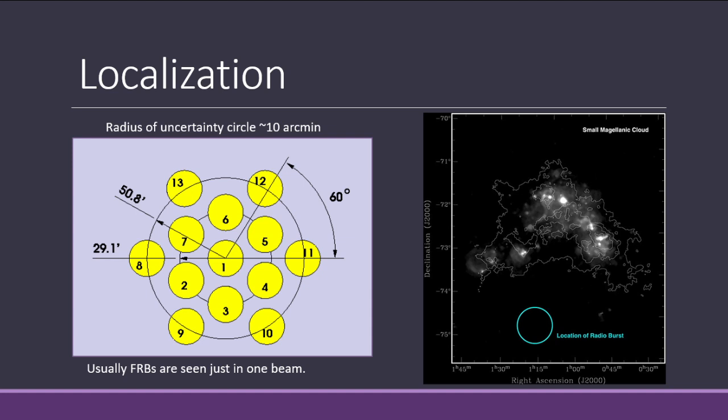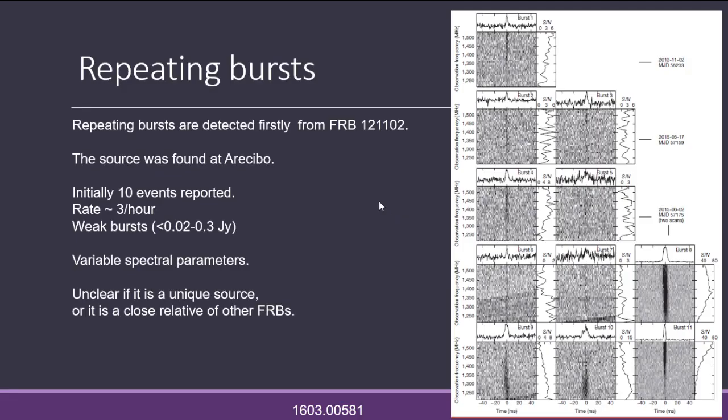So localization was quite a problem, and it was necessary to discover the first repeating burst. The discovery of the repeating burst was important in many respects. The first one is obvious. If it is repeating, then there was no catastrophe. So you exclude any catastrophic scenario which completely destroys the source of these bursts, because they repeat.